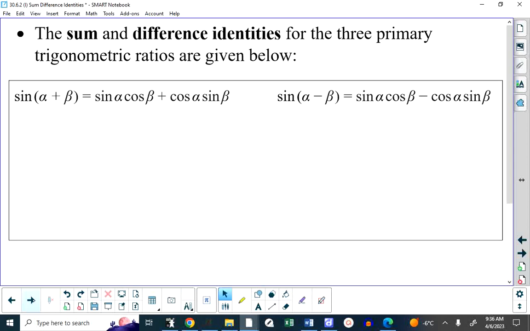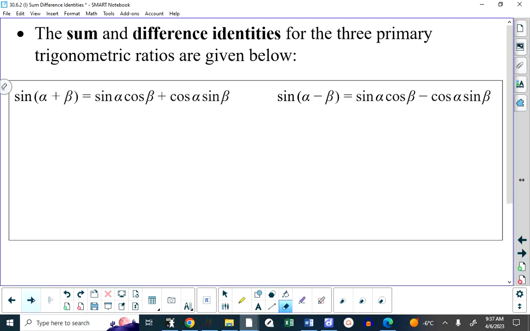And by the way, before I talk about the second identity, the order in which you subtract these 2 things is important. Subtraction is what I would call an order-sensitive operation. You have to subtract them in that order. So the sine of alpha minus beta is sine of alpha cos of beta minus cos of alpha sine of beta.